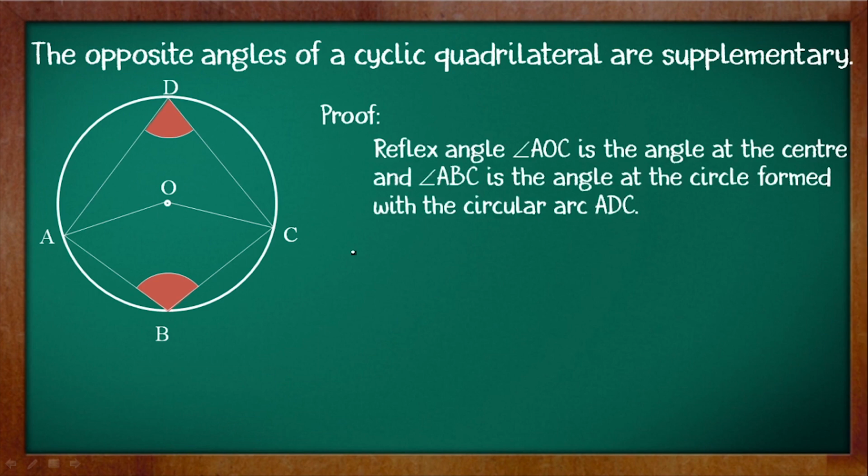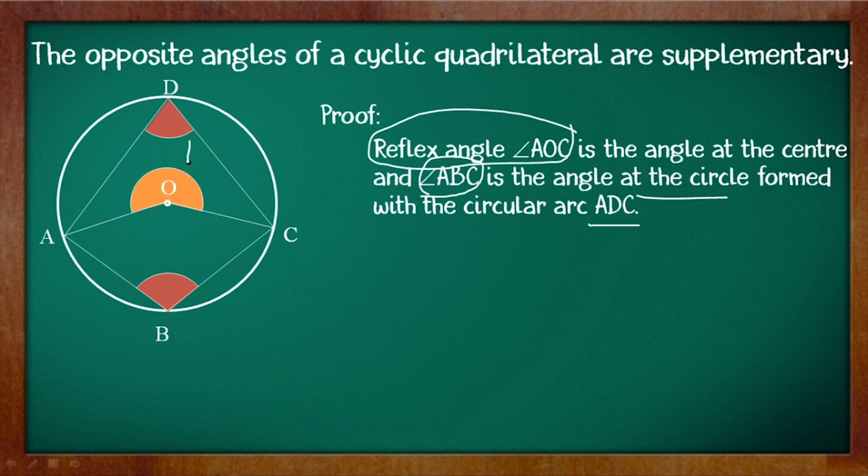Now first, what we see is that reflex angle AOC is the angle at the center, and ABC is the angle at the circle formed by the circular arc ADC. This arc ADC forms an angle at the center, and this angle is reflex angle AOC.